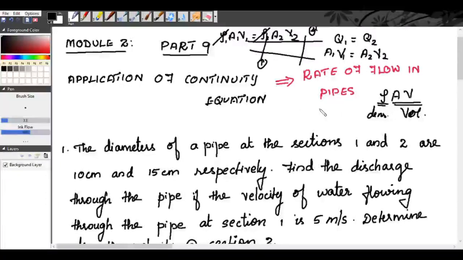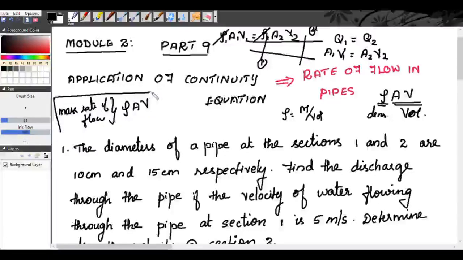We know density is equal to mass by volume, so rho into volume is nothing but the mass. So this is the mass rate of flow, which is nothing but rho AV. You should remember this also: if it is simply rate of flow, it is A into V, that will be your discharge.